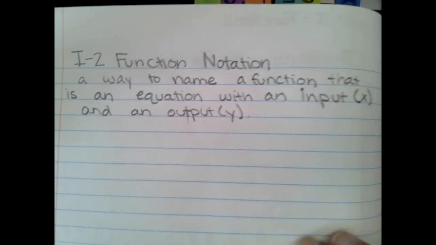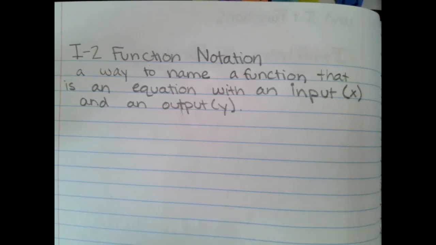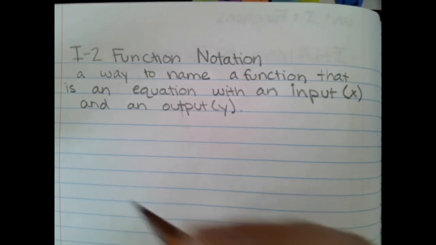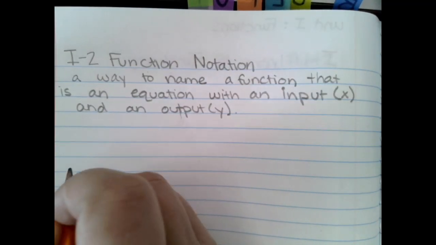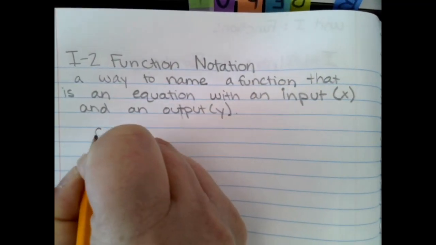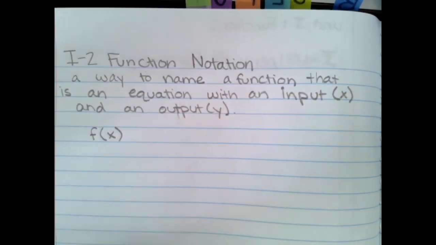A way to name a function that is an equation with an input and an output. All right, so as we look at this, the first thing we're going to do, it kind of looks goofy. It's f and then parentheses x.